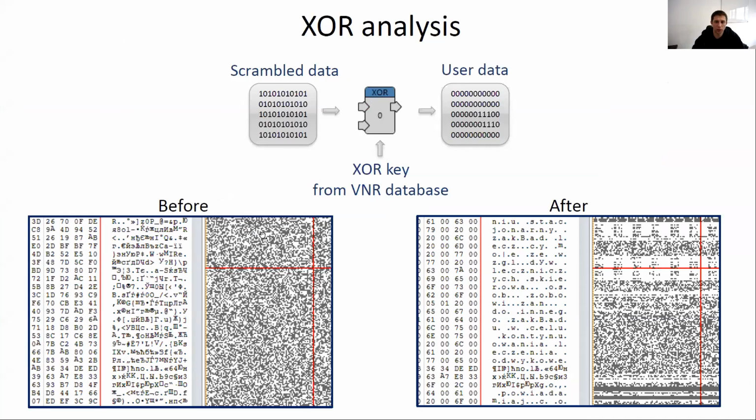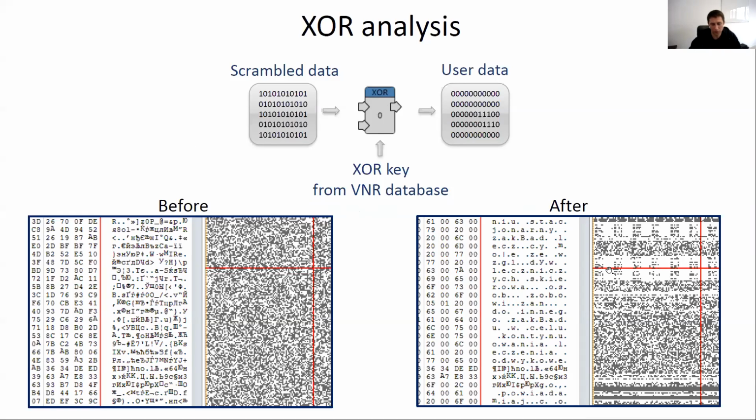But if we apply the same XOR key which the controller used for this memory chip, we get the original data. If we have some data and apply the XOR key, and then apply it one more time, we get the original user data. So the XOR key applied 2 times will give us the original user data. This is how it works: noisy looking data, XOR key from database, and after this we get original data.